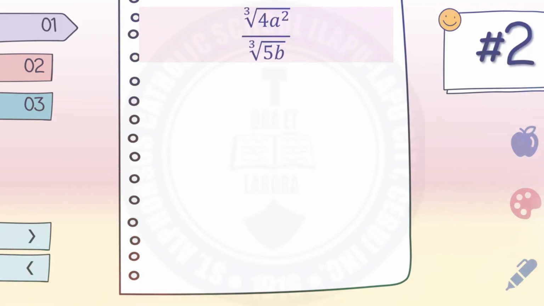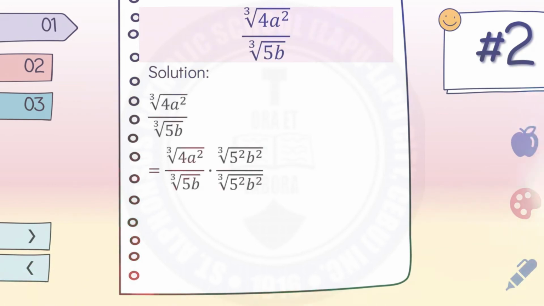And remember, in rationalizing the denominator, you need to look for a factor that can make the denominator a perfect cube or perfect square, depending on the index. Since it's cube root, we need to make it a perfect cube.